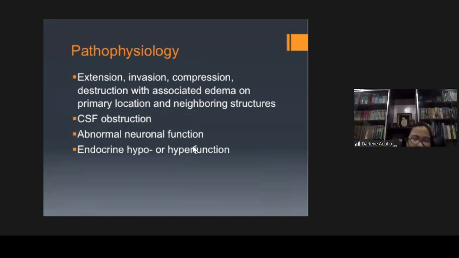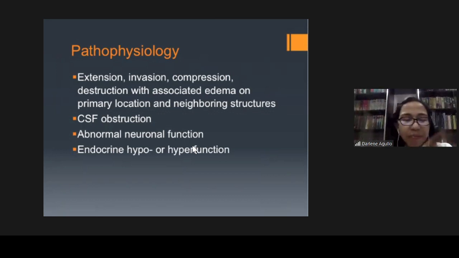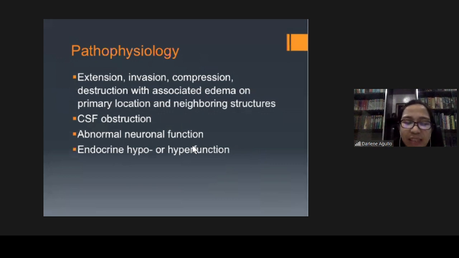So, ano yung effect ng tumors, mass lesions? So there is compression, destruction, extension, invasion with associated edema on its primary location and its neighboring structure. So nagkakaipit siya, no?